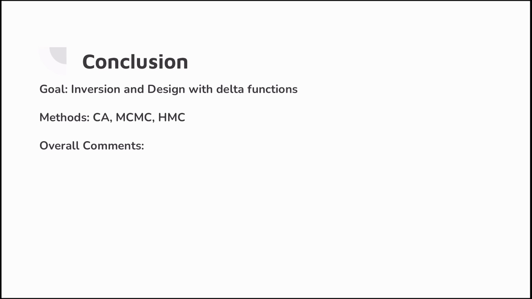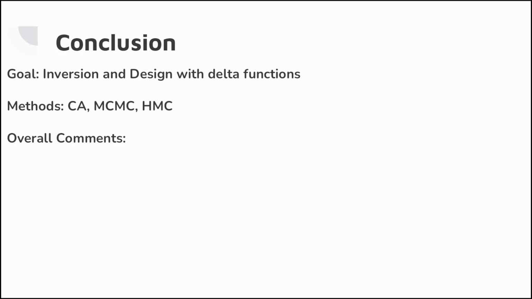So we've taken a transmission and we've attempted to find the parameters which will produce that transmission on demand. And with these methods, we can aid the design of different devices to produce any particular goal transmission. First, we discussed configurational averaging.